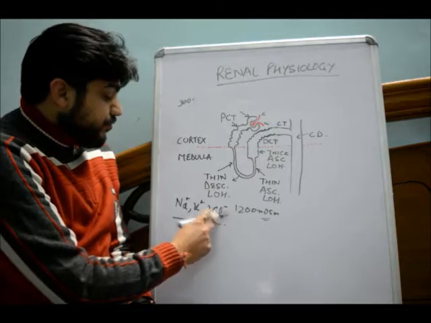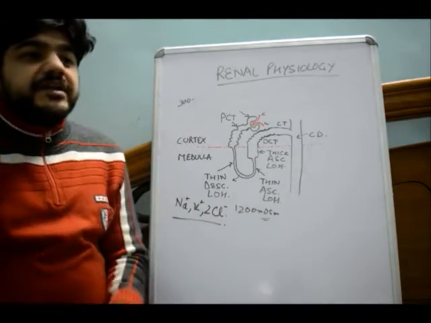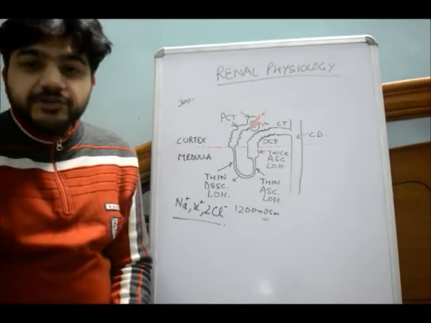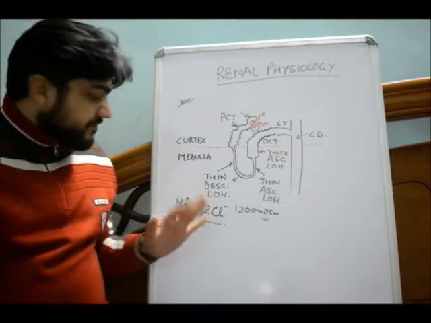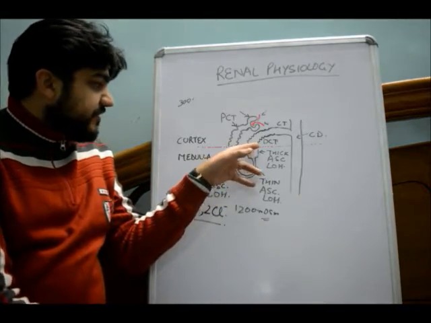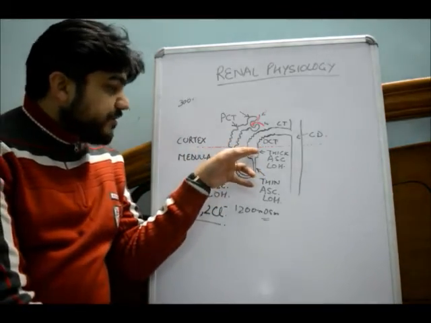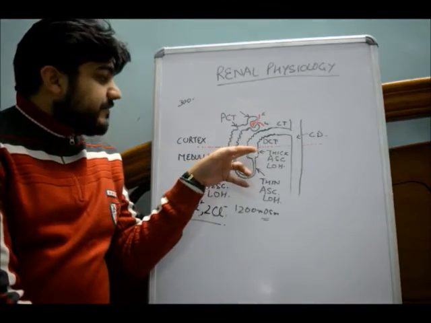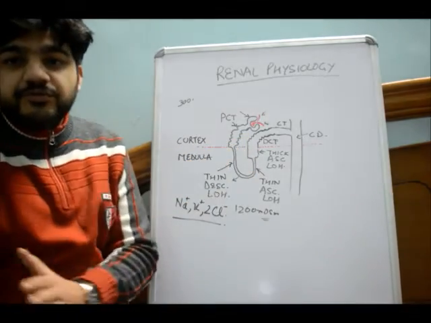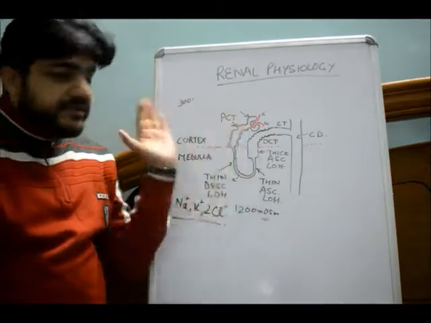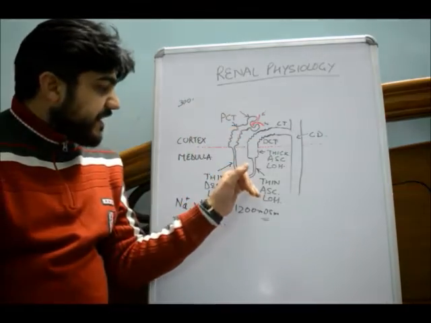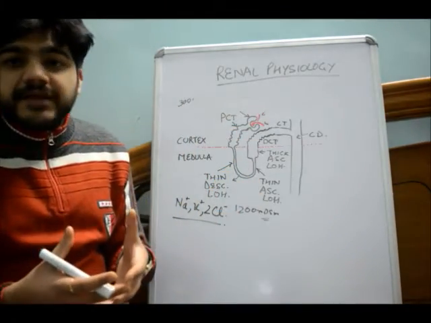Since there are 2 chloride, this movement is electrically neutral. So these four ions are removed from the tubular fluid here, and since there is no net movement of water, the water inside will be trapped.